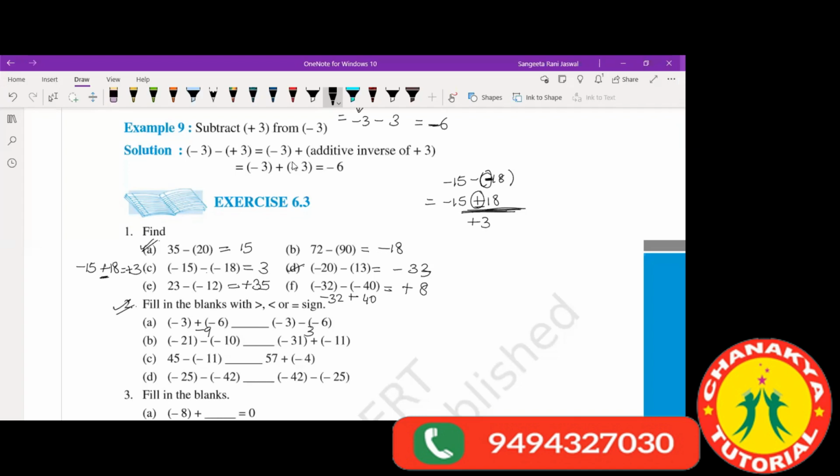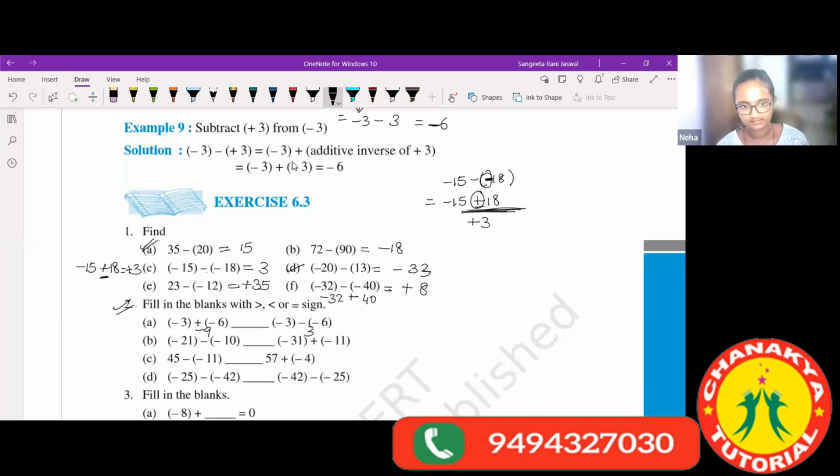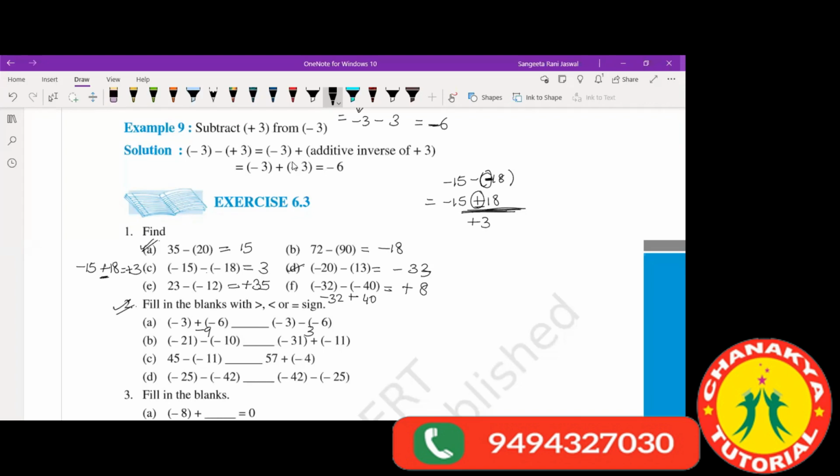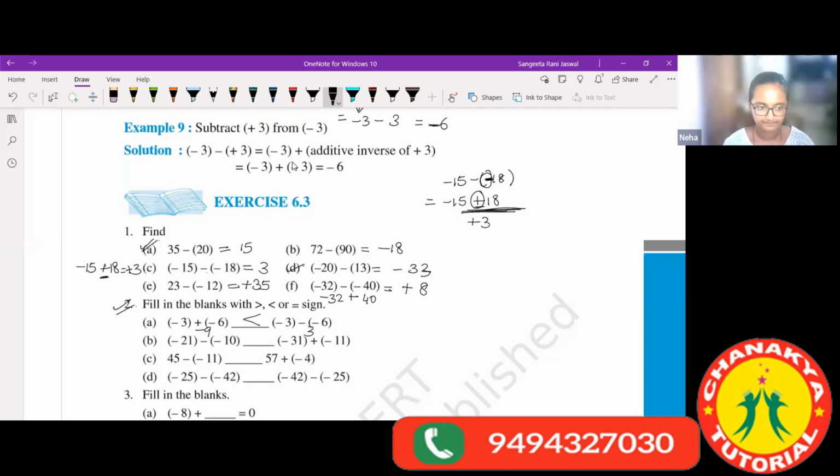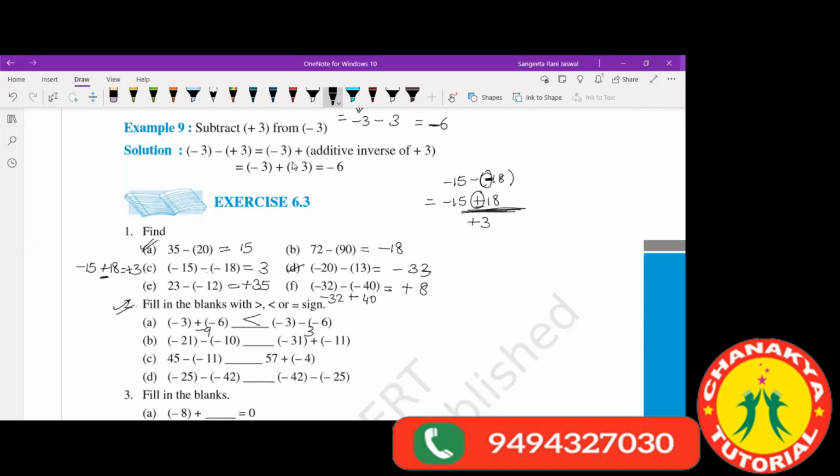So now which is less, which sign I will put here? Greater, lesser, or equal to? It's minus 9 and positive 3, so minus is lesser. So that means I will put this sign. 3 is greater, so the mouth of this sign will be open towards 3. Yes. We call it alligator's mouth. So alligator's mouth will be open towards the greater number.